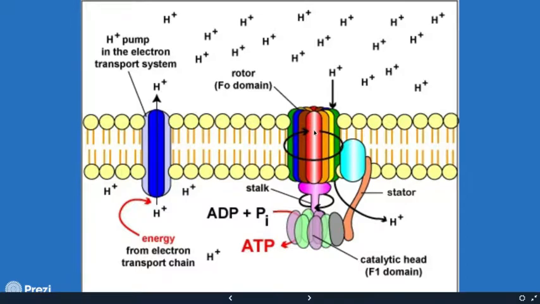That proton motive force moves this rotor at the catalytic head rotor of the ATP synthase. And as that happens, it makes available the different enzymes that now can cause the phosphorylation of this ADP. And we've got a lot of these hydrogen ions. We're moving a lot, and we're spinning this rotor, and we can make up to 28 ATP.